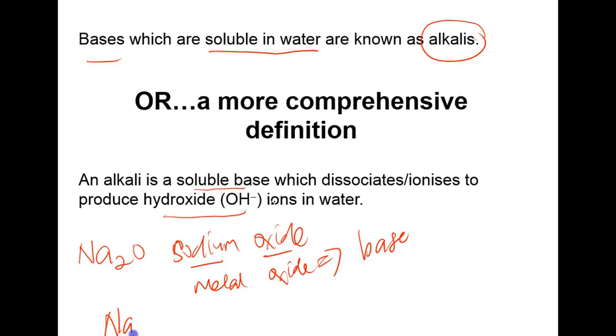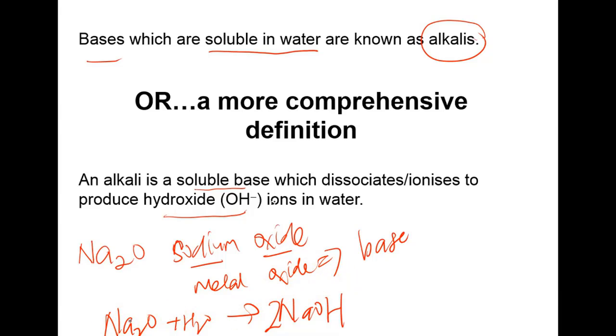And because Na2O can dissolve in water to give us NaOH, let's balance this equation. We shall put a 2 here. 2 O's, 2 H's, 2 Na's, balanced.